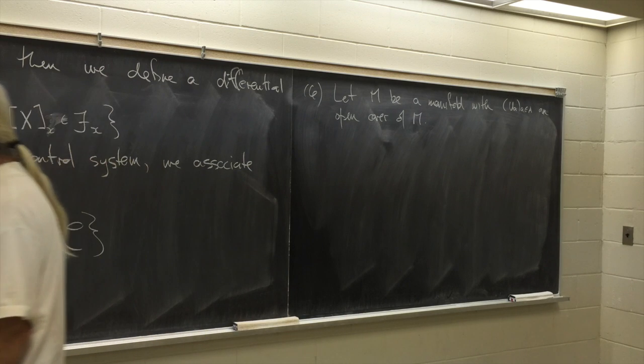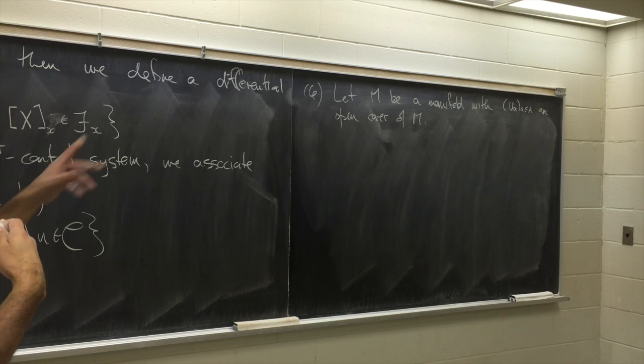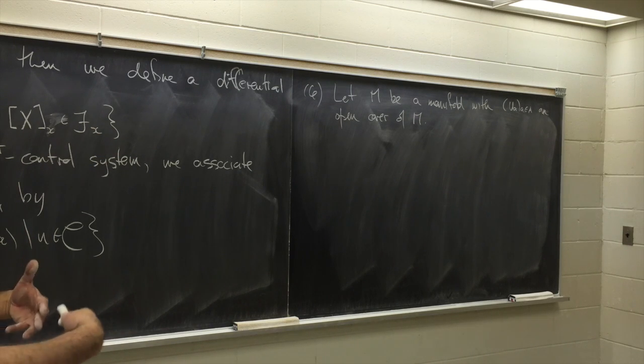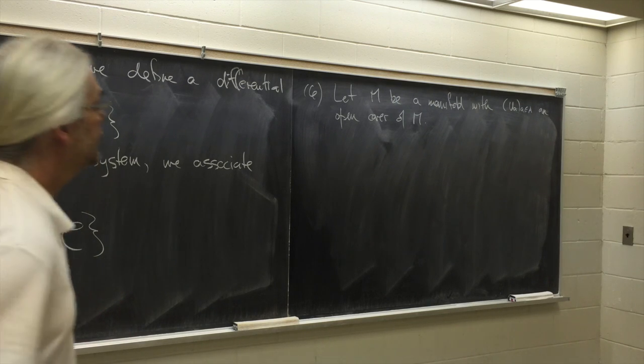All right, so what we're going to do now is consider a situation where we have dynamics which are defined on open sets. So in other words, we have an open cover of our manifold, and on each of these open sets, U sub A, we're going to have some dynamics that we can prescribe.